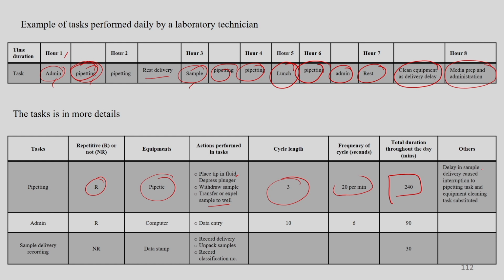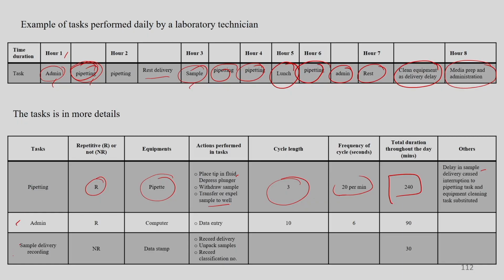In some cases there is delay in sample delivery, causing interruption to the pipetting task, and equipment cleaning may be substituted. Okay, so you are doing the detailing of the whole pipetting job. Similarly you can do it for admin, for sample delivery and all those things, right.